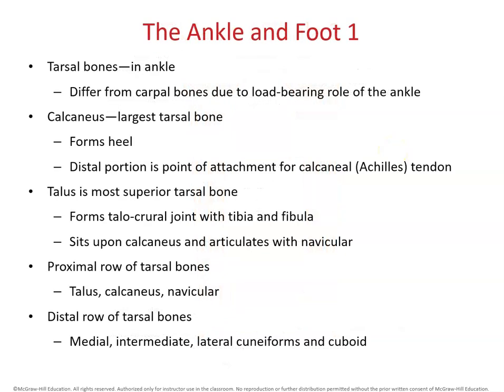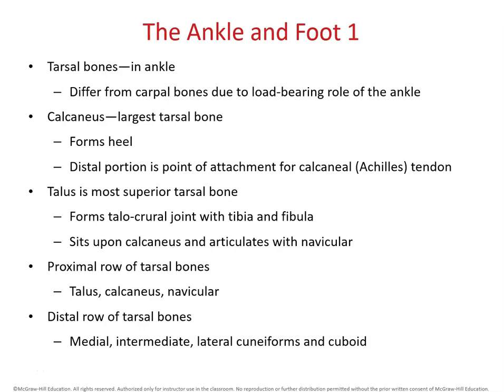Okay, so tarsal bones are in your ankle. They are significantly different from your carpal bones. Okay, your carpal bones are meant to have a huge range of motion. Your tarsal bones have developed and evolved to bear weight. Our wrists don't really bear weight. Okay, so calcaneus is the largest tarsal bone that's in your heel.